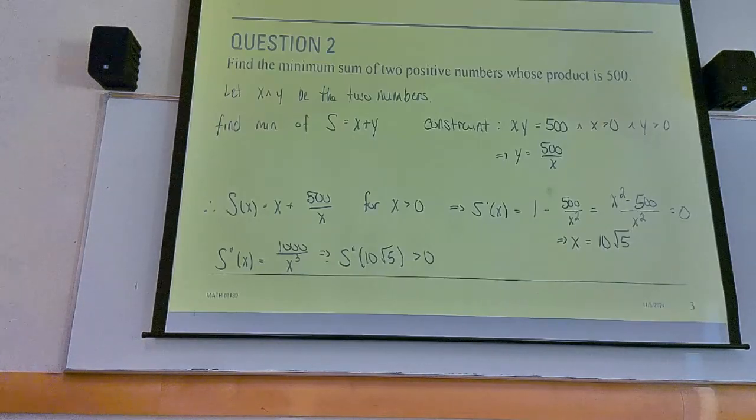We don't care what the value is. We just care positive or negative, or 0. So the second derivative test tells us what?